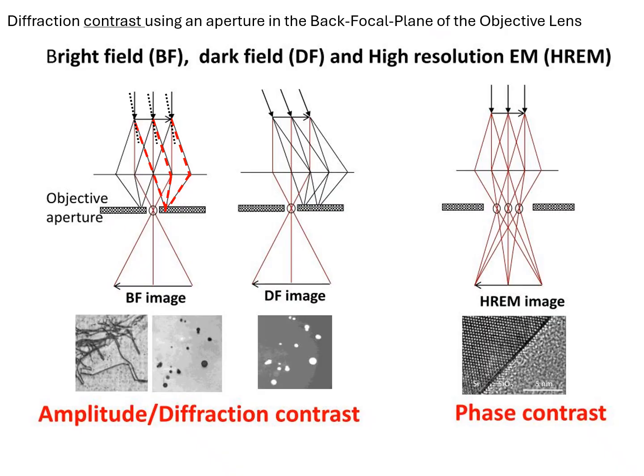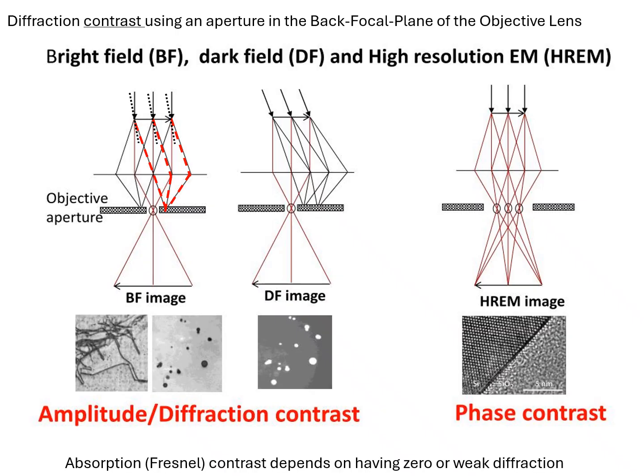And I'll talk a little bit about that later, and what affects resolution in the electron microscope and the scanning microscope. So basically, by having a larger aperture, and in fact as large an electron energy as you can, which basically produces a smaller wavelength, we have the possibility of high resolution imaging.